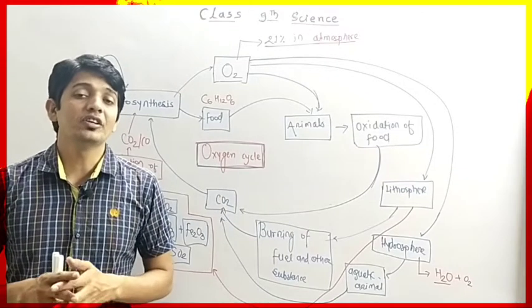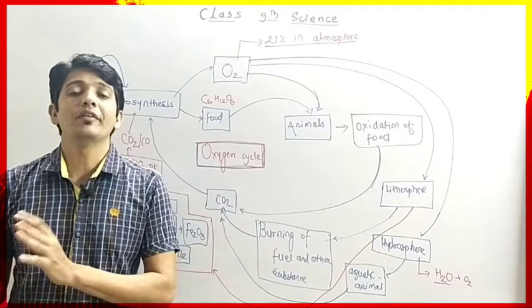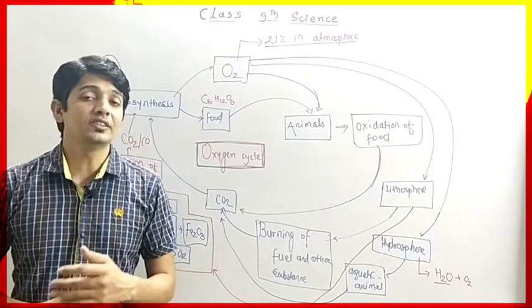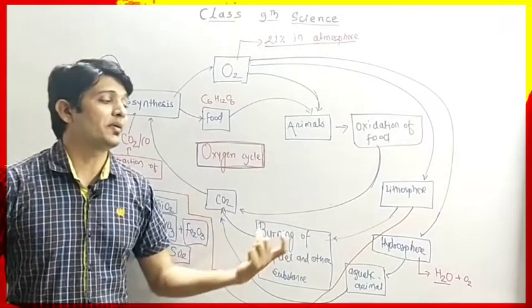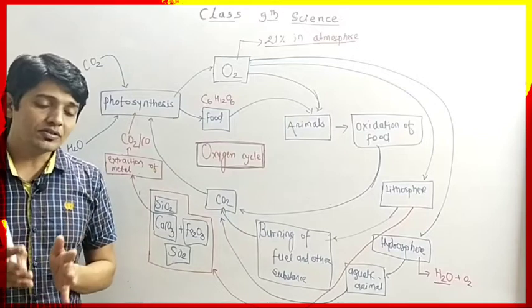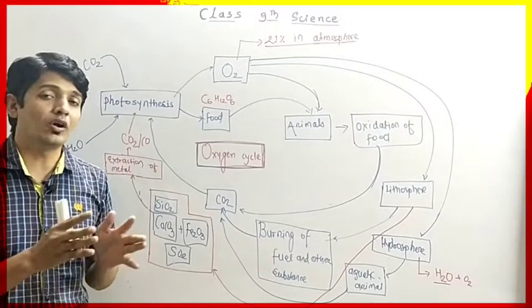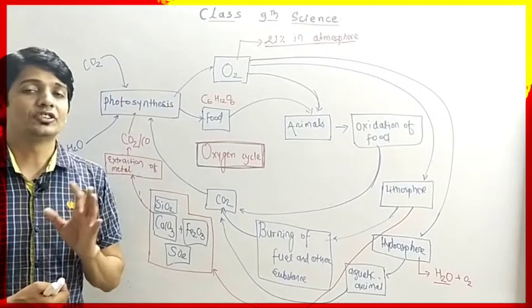This circulation and transformation of oxygen from one trophic level to another is called the oxygen cycle. Students, this diagram is very important, as it will make you understand how oxygen is circulated in the biosphere as well as in our surroundings.